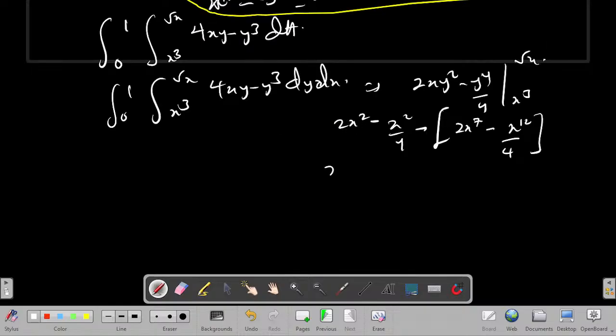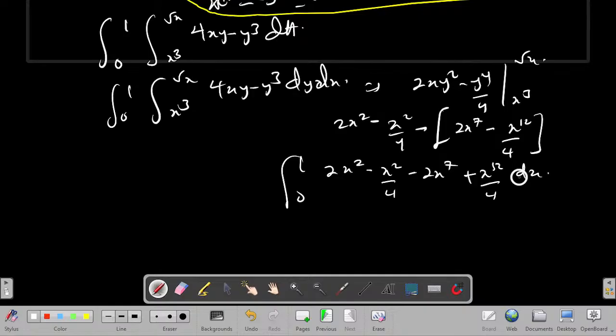What are you getting? 2x squared minus x squared over 4 minus 2x to the power 7 plus x to the power 12 over 4. Then integral from 0 to 1 dx. So here you are integrating everything with respect to x.